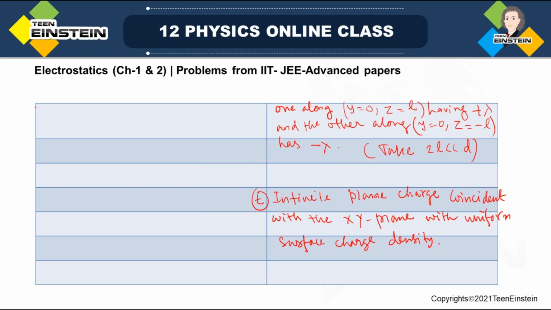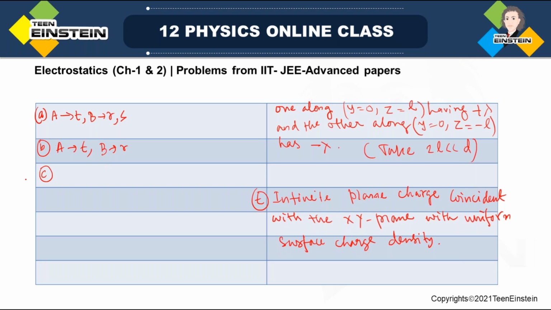The first option says A matches to T, B matches to R, S. Option B says A matches to T, B matches to R. That's all for this option.